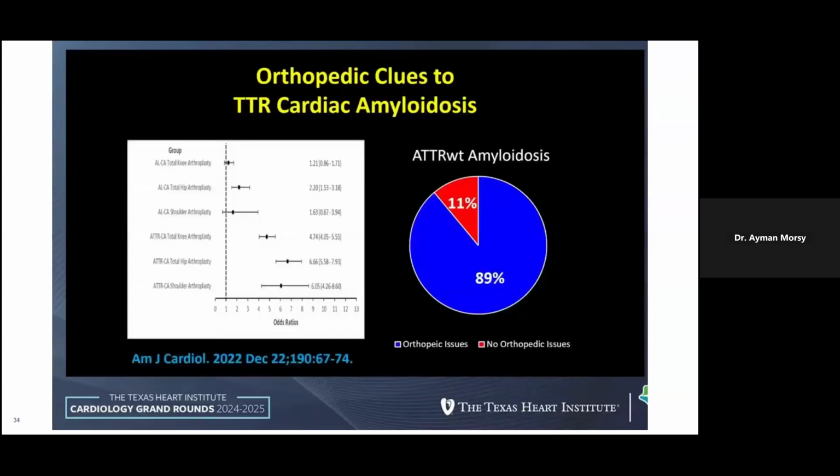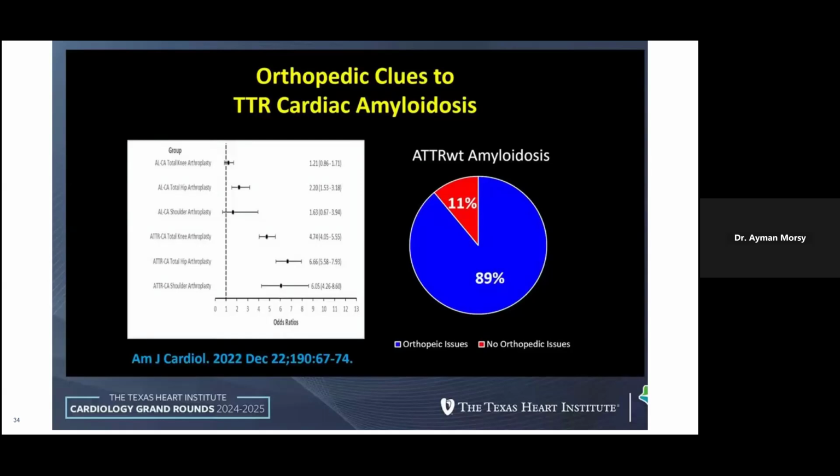Second important thing here, you can see very nicely and very elegantly: in patients with TTR cardiac amyloid, 89% have an orthopedic issue, orthopedic symptom or sign, and only 11% have no orthopedic sign. So what's our main take-home lesson for any cardiologist working in the TTR cardiac amyloid field?